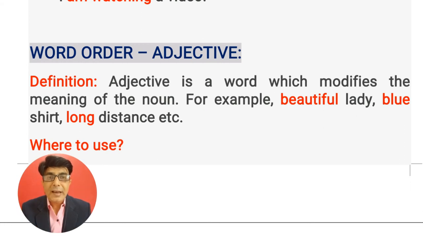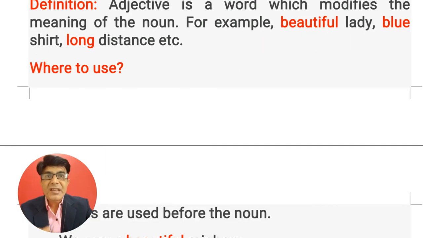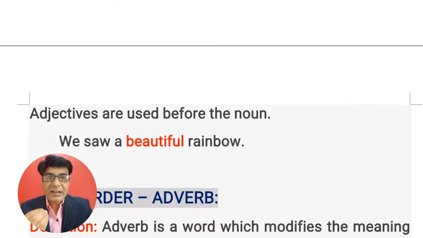But when you say an old lady, the picture changes, right? The picture in your mind changes. When you say a young lady, again the picture changes. So the words like old, young, beautiful, blue, long, short, these are the adjectives.